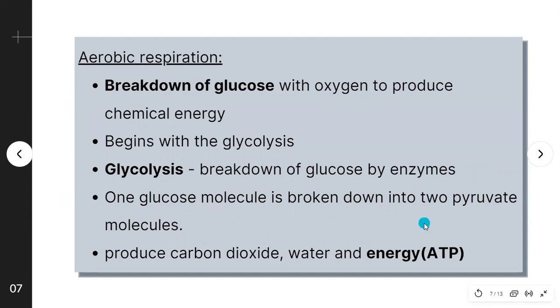And after the process of aerobic respiration, we produce some byproducts such as carbon dioxide, water, and also energy in the form of ATP. This is the most important product that we want to get from aerobic respiration, so that we get the energy to carry out the metabolic reactions in our body.